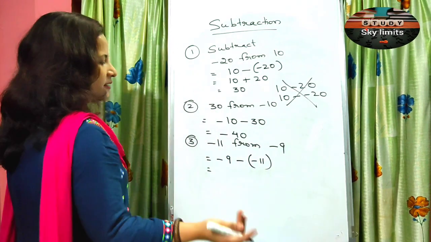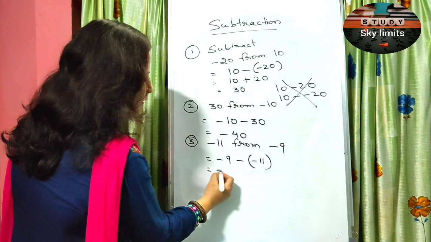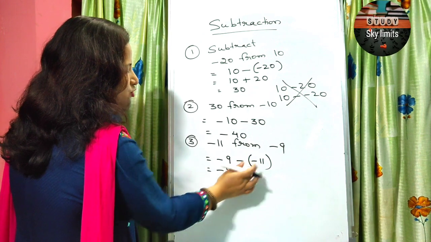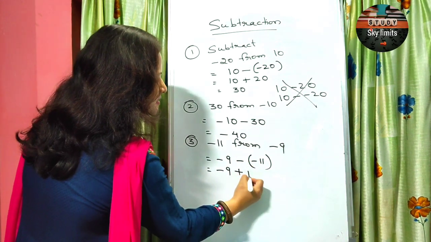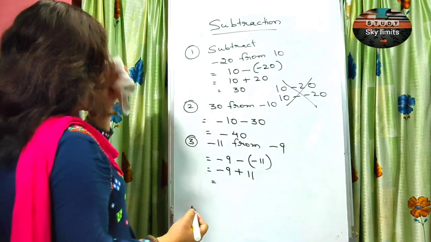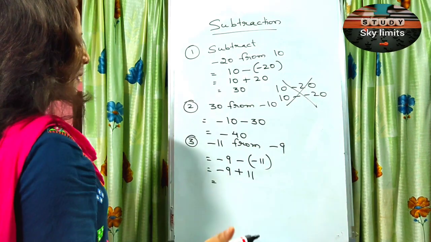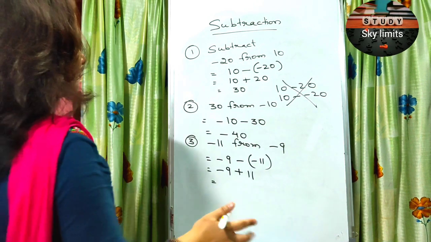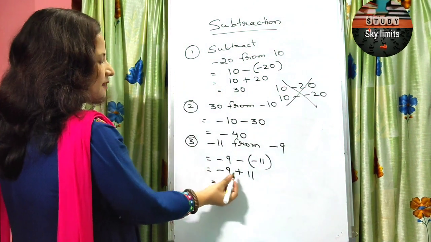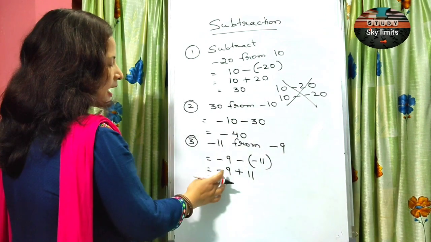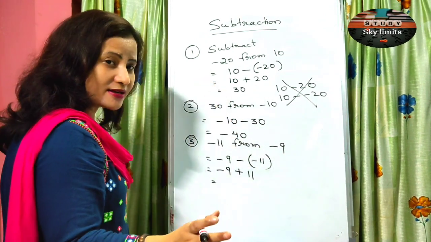Now let us open the bracket by following the sign rule as I have told you. Minus 9, and minus multiplied by minus will give us a plus, and then 11. So now in this case you can see very clearly, you can go back to the rule number 2 that I have taught you. One number is negative and the other number is positive. So in this case, the rule says that you have to subtract.